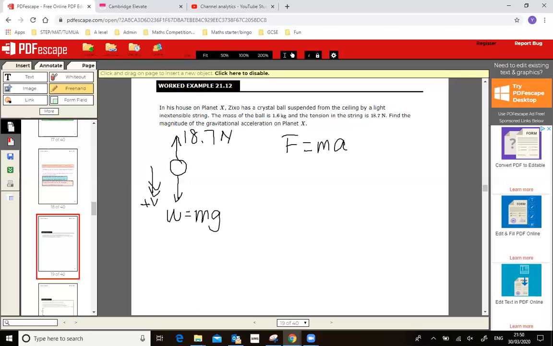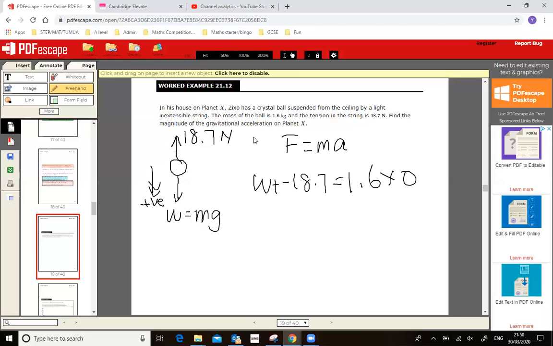Then the resultant force would equal W plus negative 18.7 equals the mass, which is 1.6, times a. Now remember, this a, which is acceleration, in this case is 0 because the ball is not moving at all.